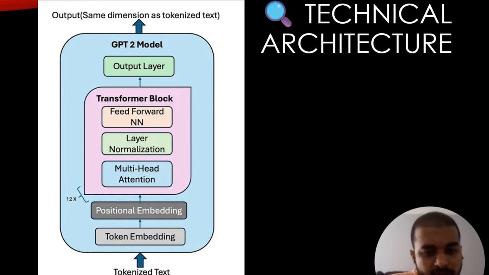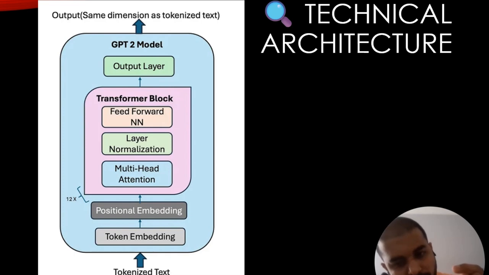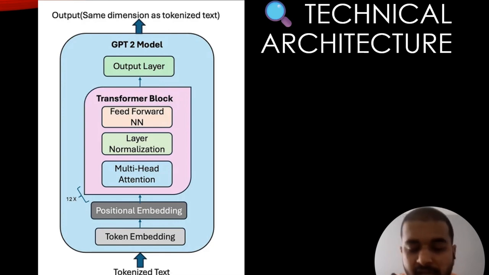In the feed forward neural network, there are two linear layers, and in between those linear layers there is the GELU activation function. GELU is an advanced version of ReLU. In ReLU we get 0 for all negatives, but in GELU we do not get 0 for all negatives. We get some data for negative values.